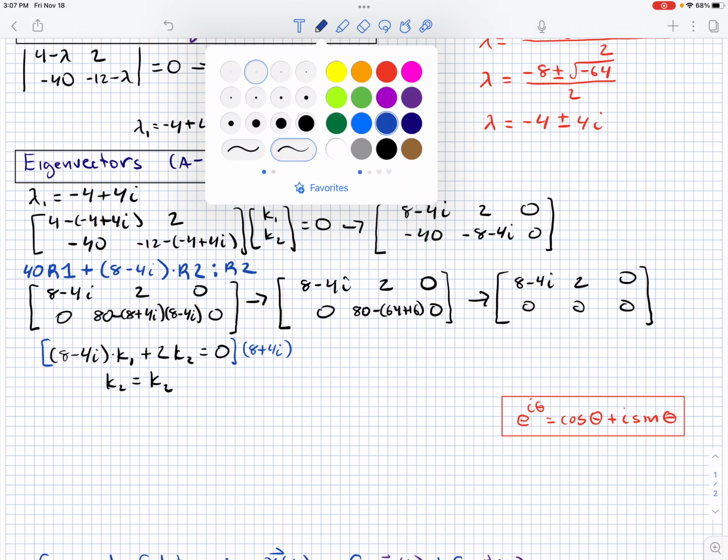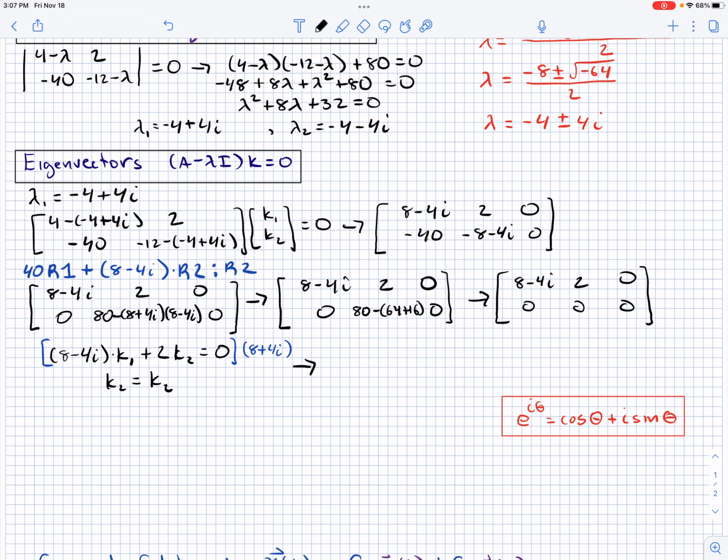So doing that, we have 80 k sub 1 when you simplify it and multiply it out, plus 2 times 8 plus 4i, k sub 2, and that equals 0.